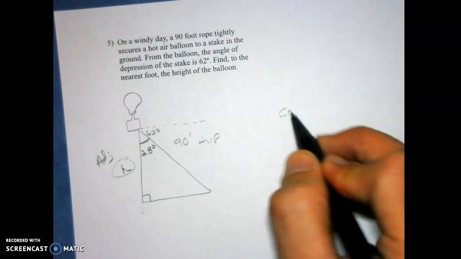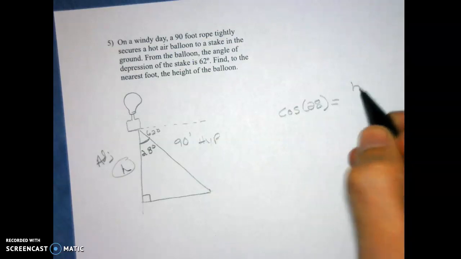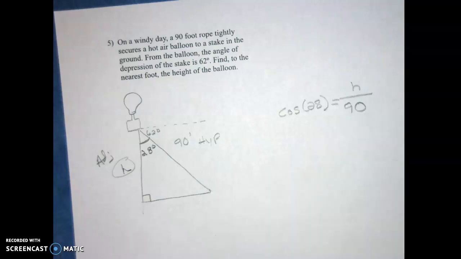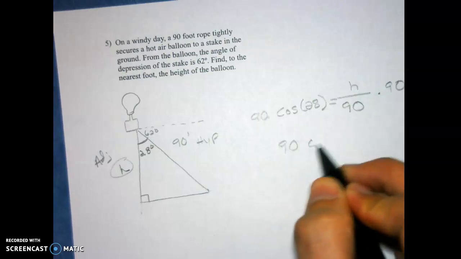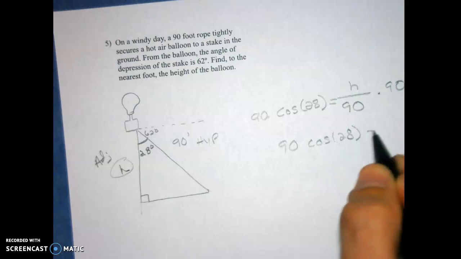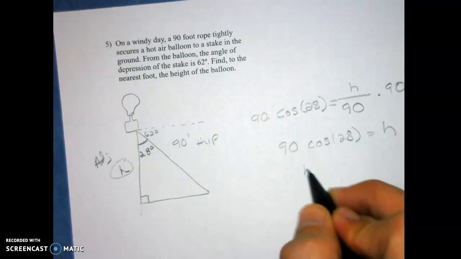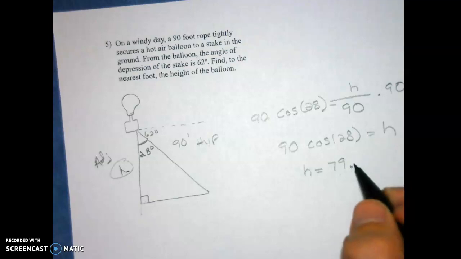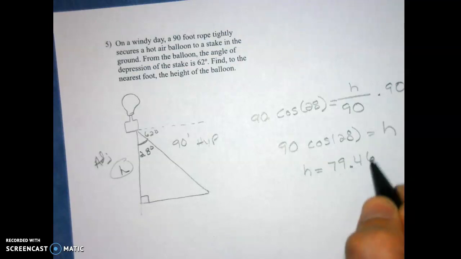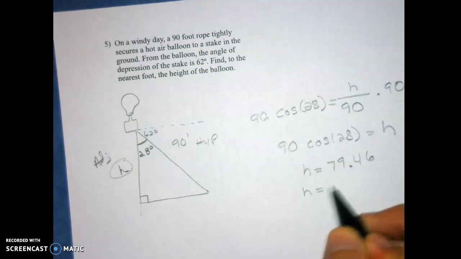So here we're going to have the cosine of 28 degrees is equal to adjacent, which is our h, over our hypotenuse, which is 90. Multiply by 90 on both sides. We get 90 times the cosine of 28 degrees is equal to h. Plug that into our calculator. We get the height is equal to 79.46. Okay, so we'll round this to 79.